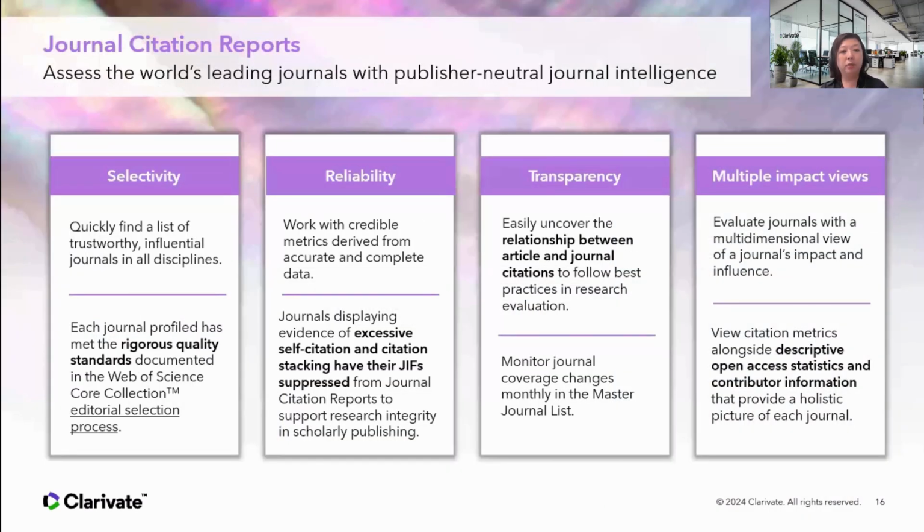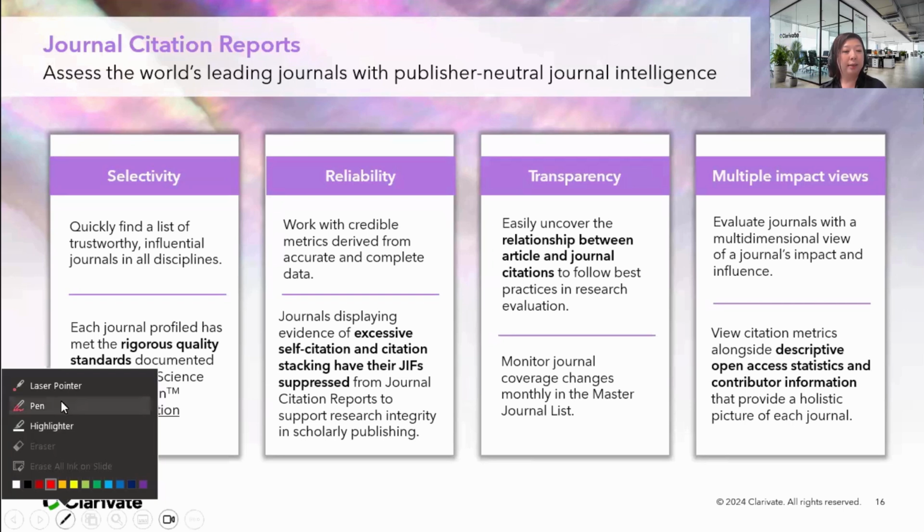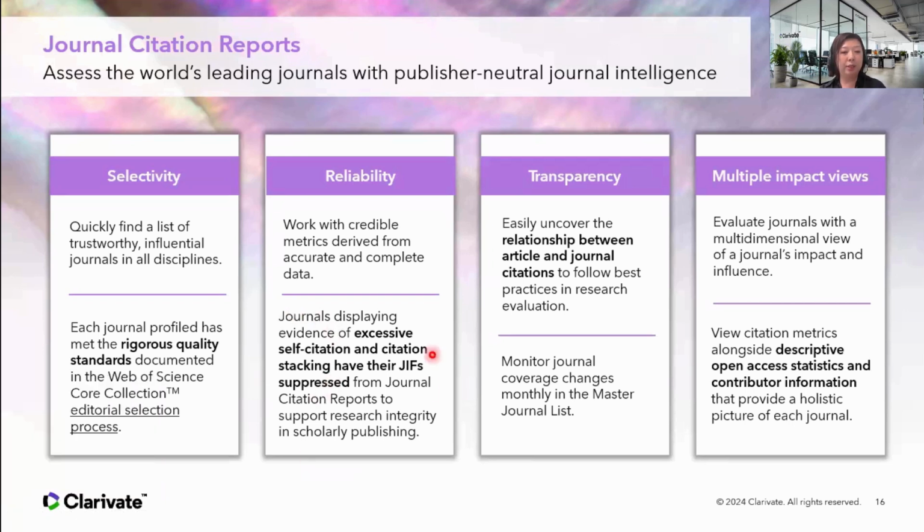Within the Journal Citation Reports, because we already have the criteria that we use for inclusion of journals in the Web of Science Core Collection, it actually shows our selectivity of the content on JCR. We do have an added level of scrutiny for journals where we look at self-citations when they are in JCR.